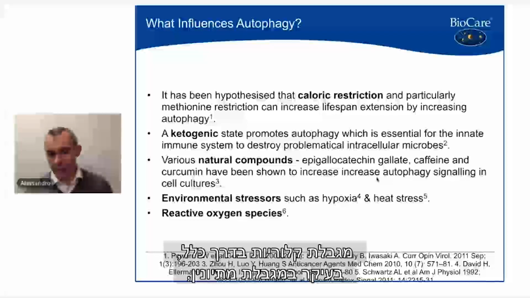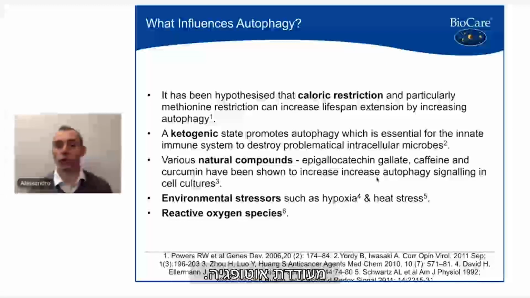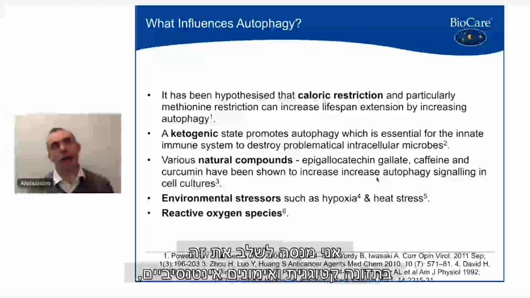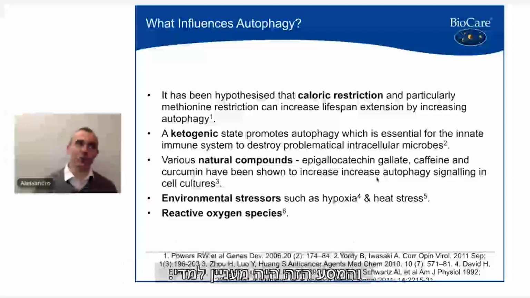So caloric restriction, especially methionine restriction, has normally been found to support autophagy. I tried to combine that with a ketogenic diet and having intense training, and it has been a rather interesting journey.